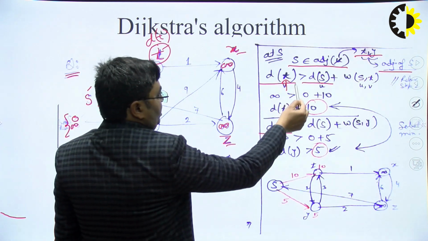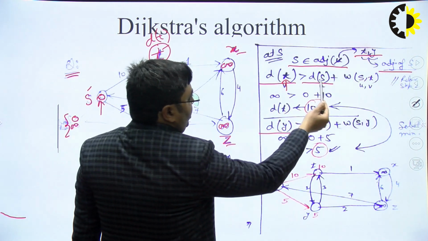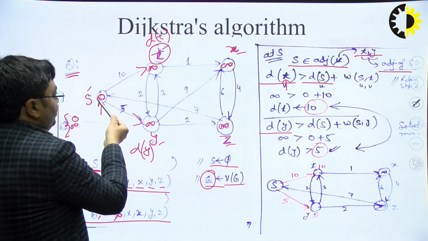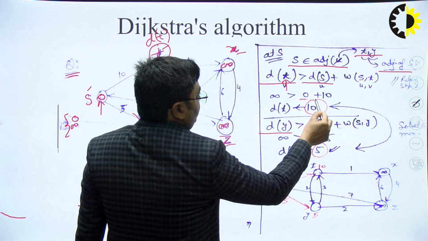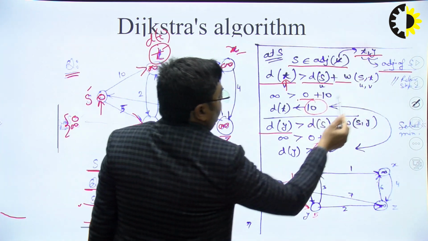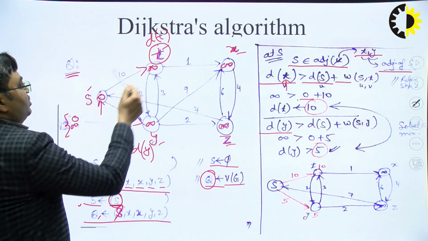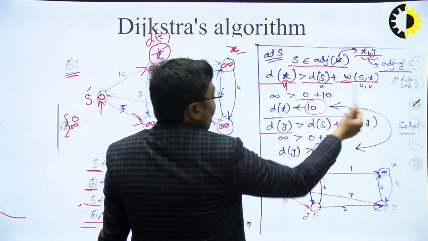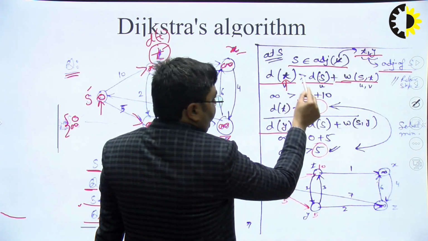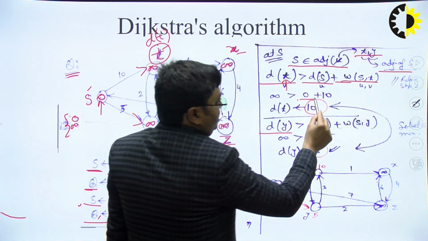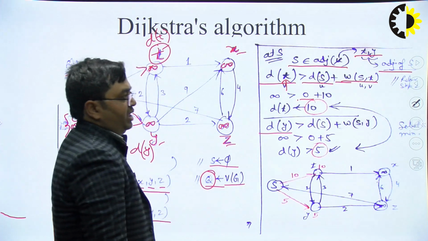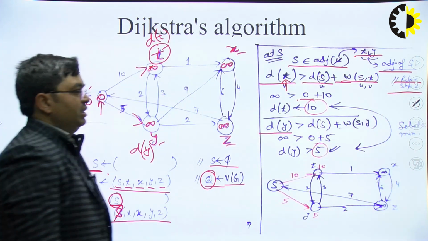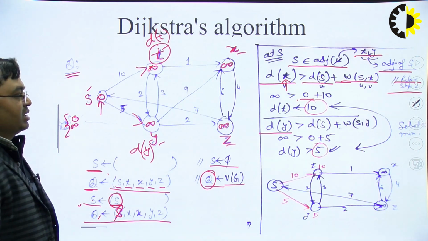If we take t as v, then u is s, the distance of s is ds, which is 0, and the weight is w of s comma t, that is w of u comma v. So we check whether dt is greater than or equal to ds plus w of s comma t. This step is relaxation.